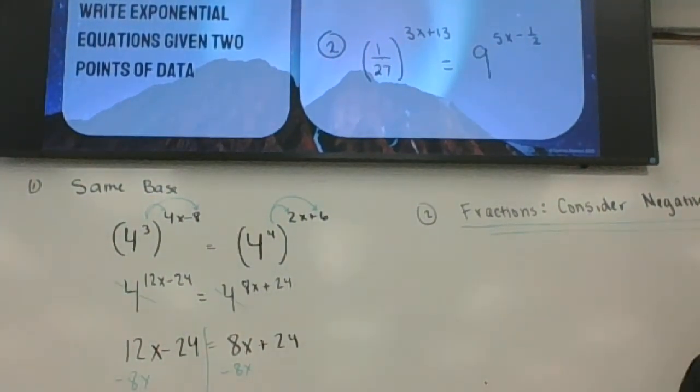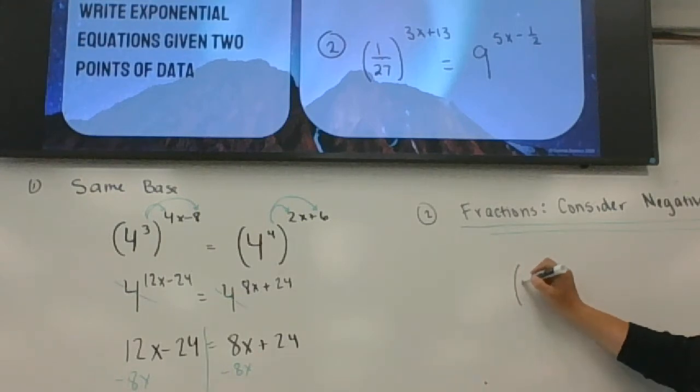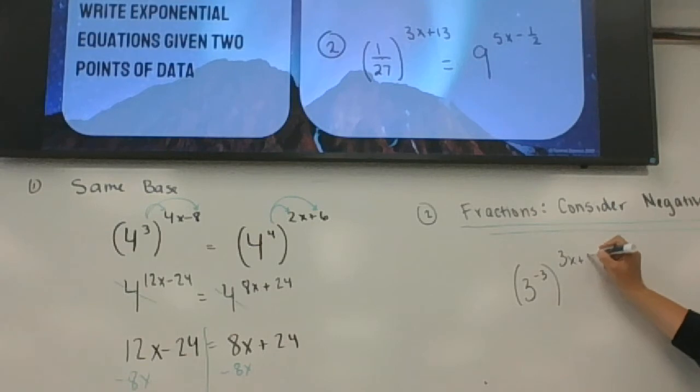So we're going to take 1/27th out and put 3 to the negative third in. We'll take 9 out and put 3 squared in.